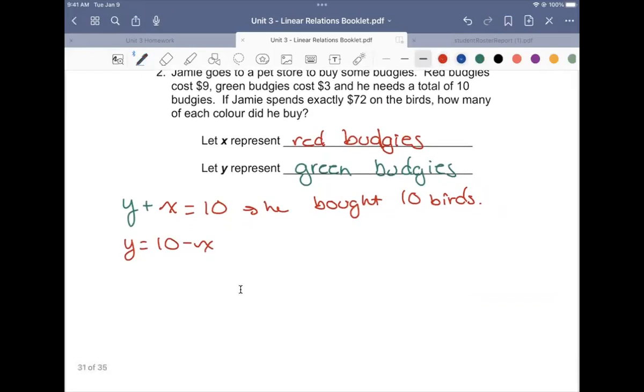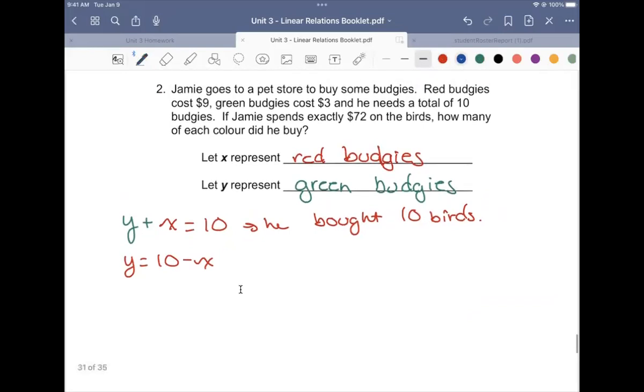I can make another equation stating that if X is equivalent to red budgies, that means I have X, he paid $9 per red budgie, plus he paid $3 for every green budgie, which is represented by Y, and he spent $72 total.